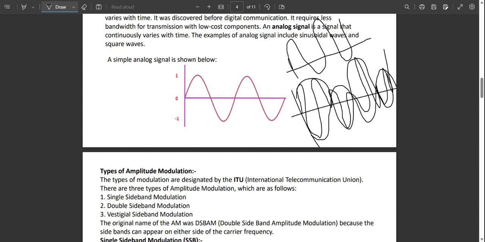In over modulation, the amplitude of the carrier signal is lower than the amplitude of the message signal. Here we can see that there is some distortion in the message. This phenomenon is called crossover distortion. In over modulation, we can see crossover distortion.